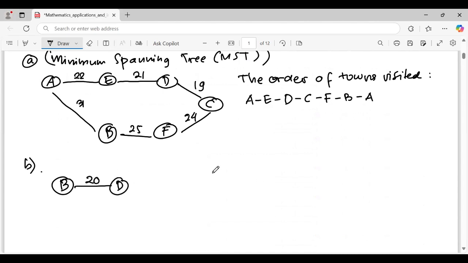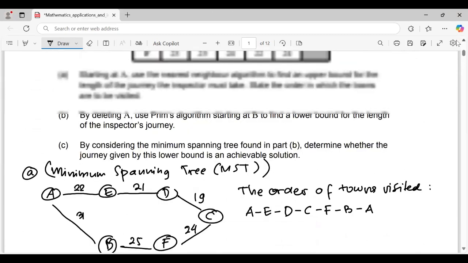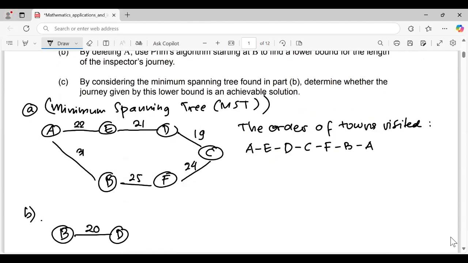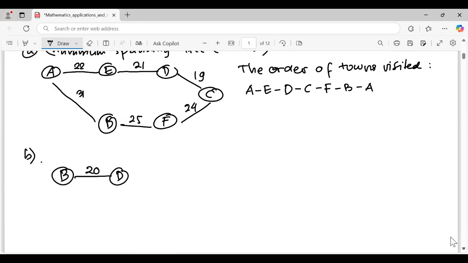Next, the nearest town to D is C, 19. C, 19 kilometers.